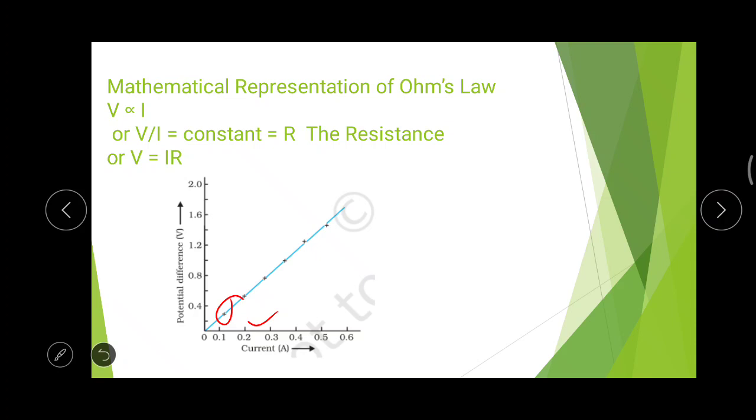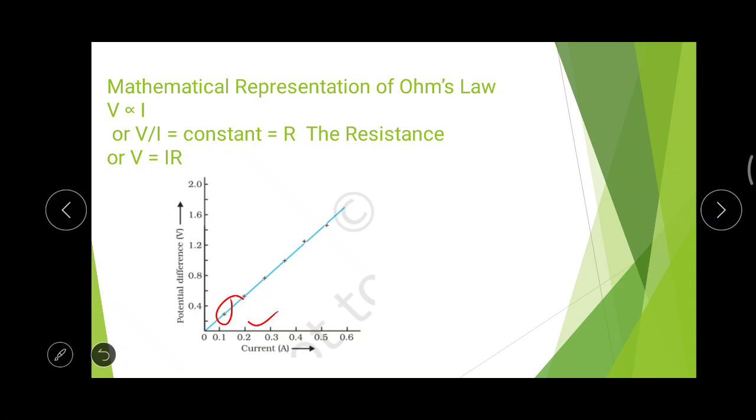That is why we have said that the relation between V and I is linear. I think you have understood the meaning of that from the graph.